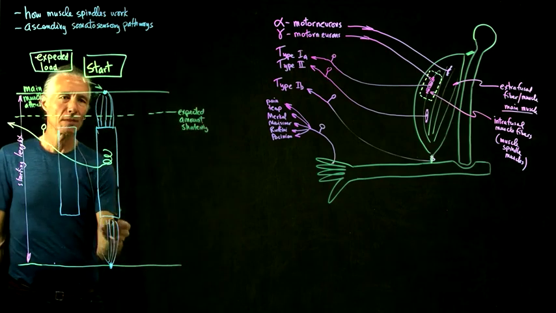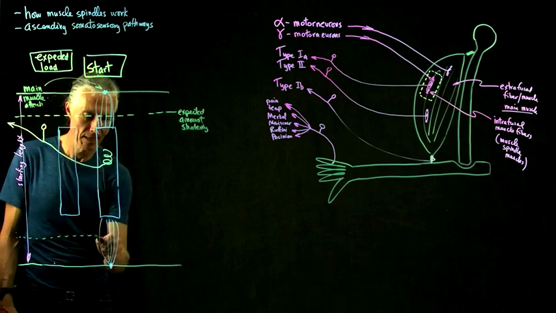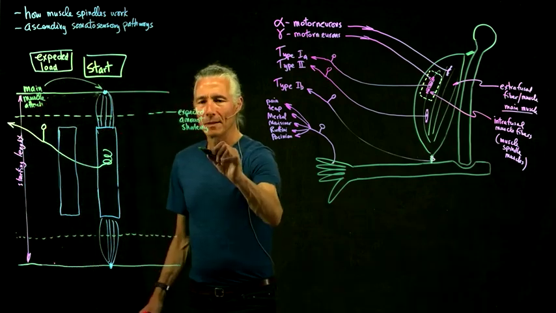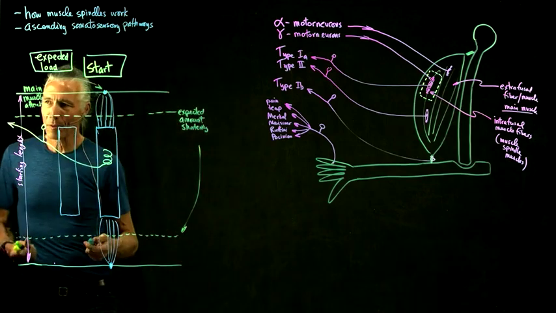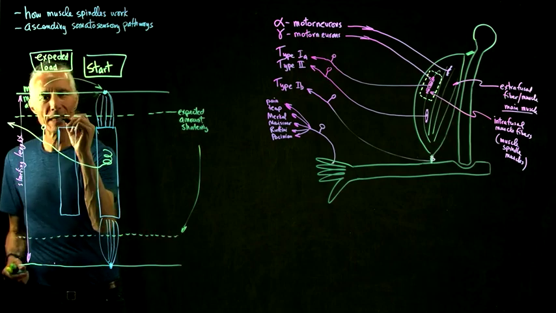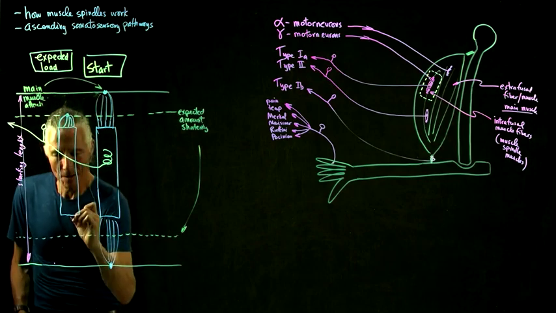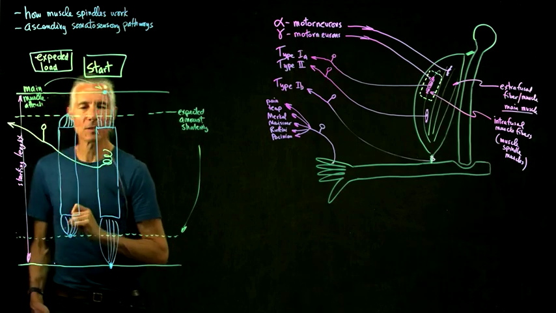Say that's about here. So this is how much you expected the main muscle to contract, and that's the same thing down there. So how do the muscle spindles predict? Well, they just contract. They're bolted down there, and they contract the amount that they expect the muscle to shrink.